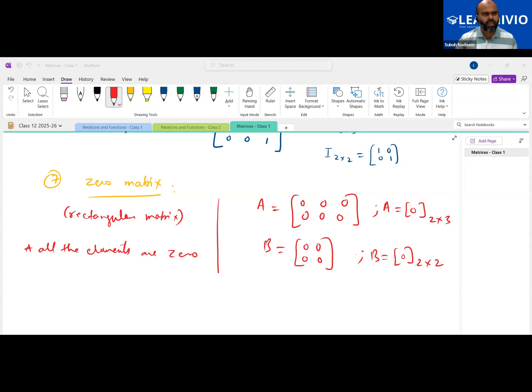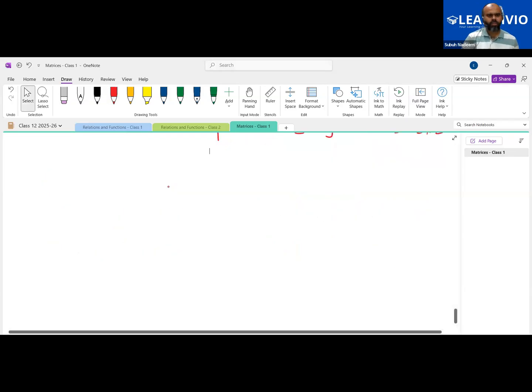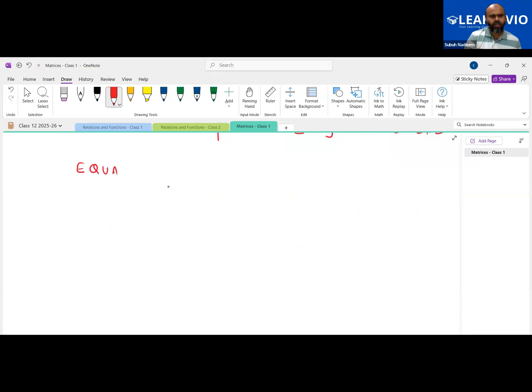So next we have equality of matrices. So the next topic we have is equality of matrices.